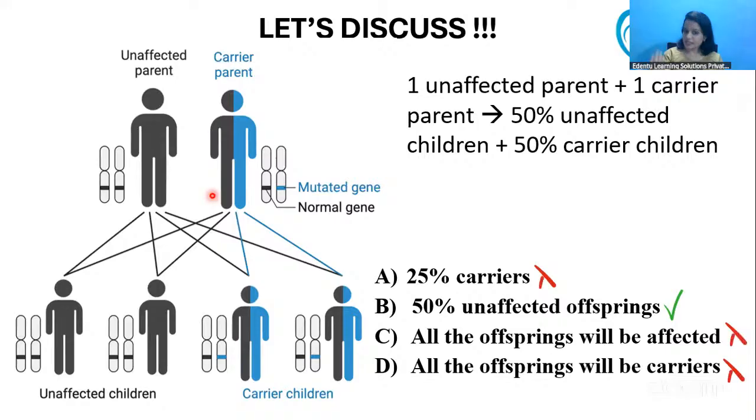Then there is the X-linked inheritance pattern also, which is much more complicated, which we'll definitely discuss on some other day, because I don't want to confuse you by discussing the autosomal dominant and recessive patterns together with the X-linked pattern. Okay, so first learn about the autosomal dominant and recessive inheritance patterns thoroughly, and then on some other day we will discuss the X-linked or sex-linked inheritance pattern also. That is much more complicated.